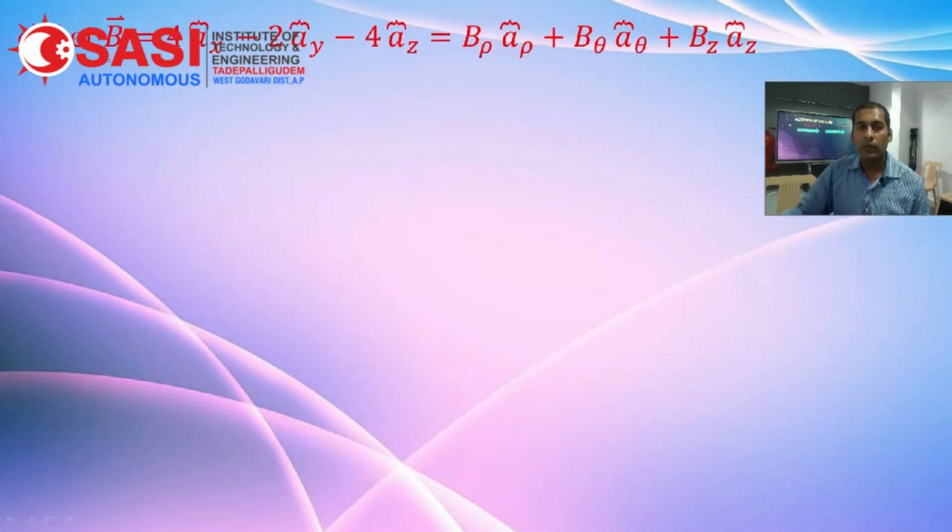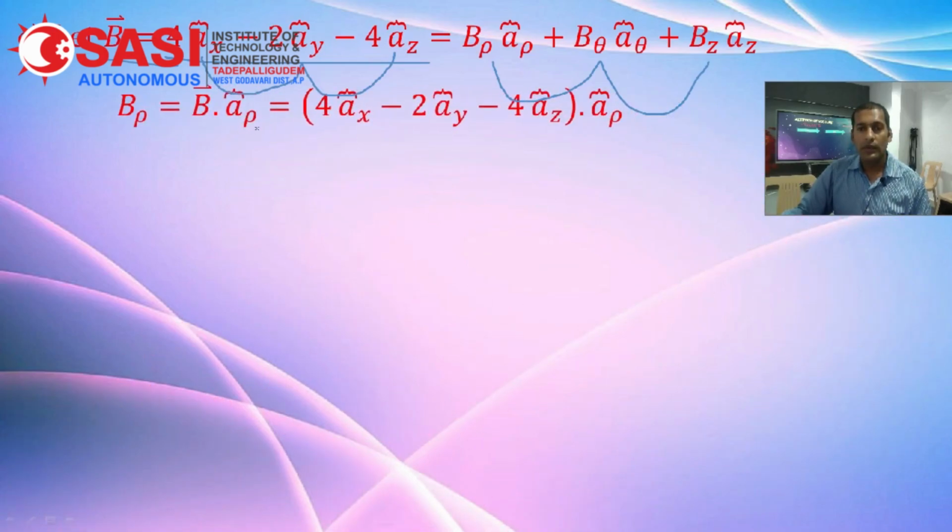Now the third one, where vector B is defined in terms of x, y and z. We have to convert it into terms of r, θ and z. First, for the r component, the magnitude into a_r.